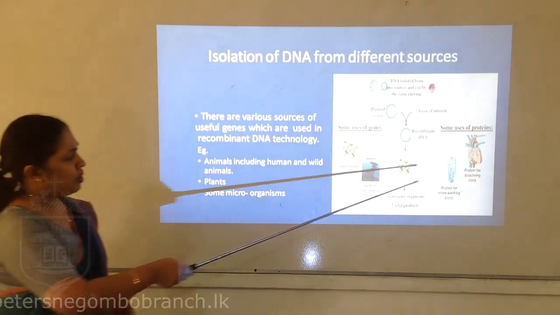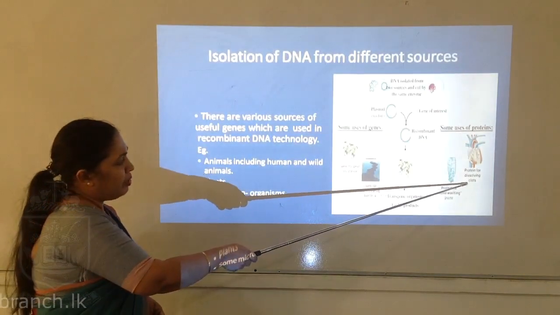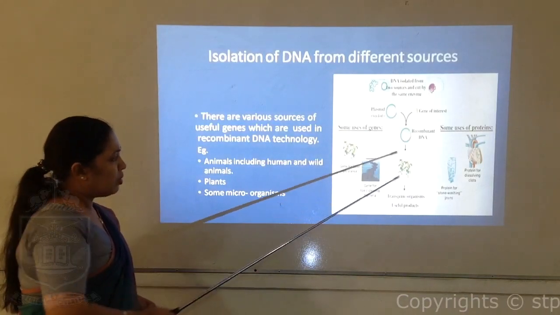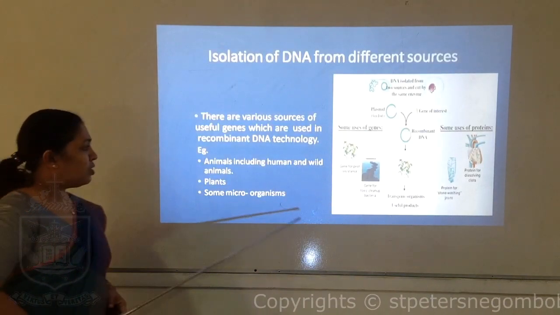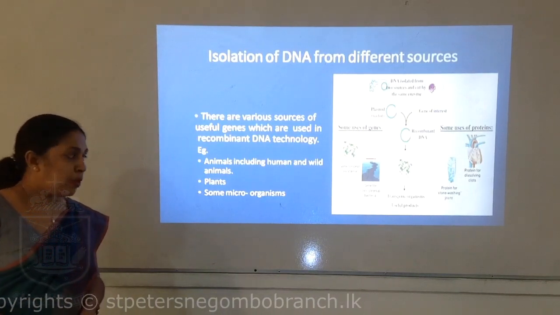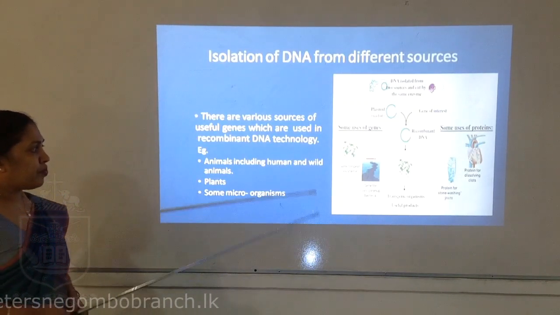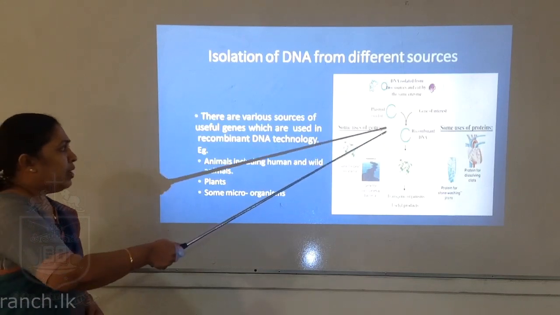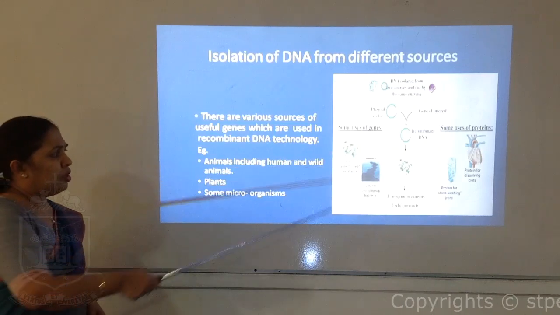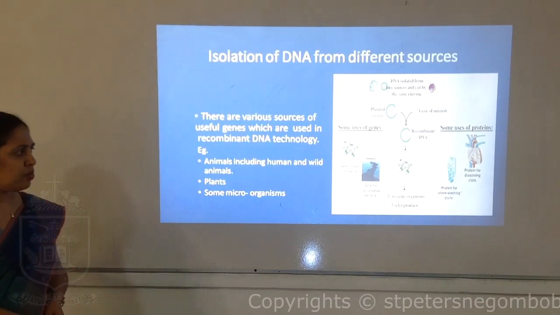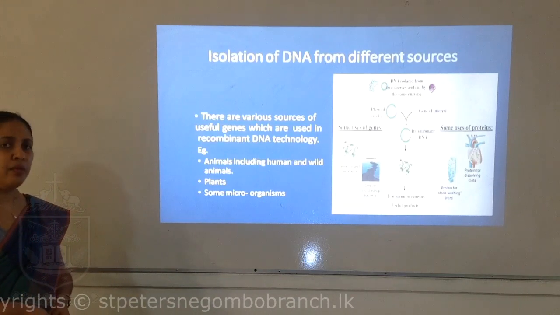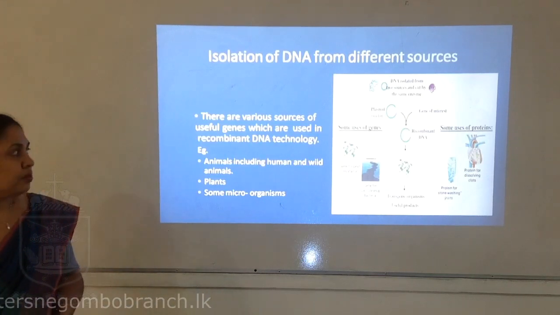In animals, sometimes protein for dissolving blood clots, and some microorganisms are also used, having some important genes. And when these recombinant molecules are inserted into some organisms, transgenic organisms, or useful plants or animals can be formed.